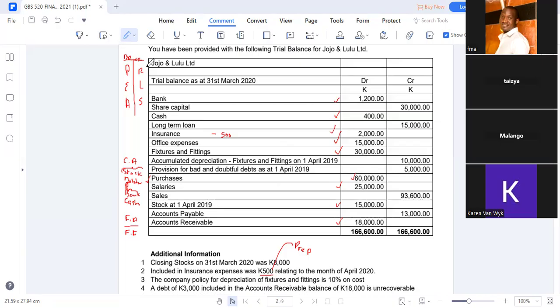When we go to the credit side, all revenues or capital, share capital is always credited to increase it. All right, what other capitals do we have? We talked about the 5 types of capital. Who remembers?